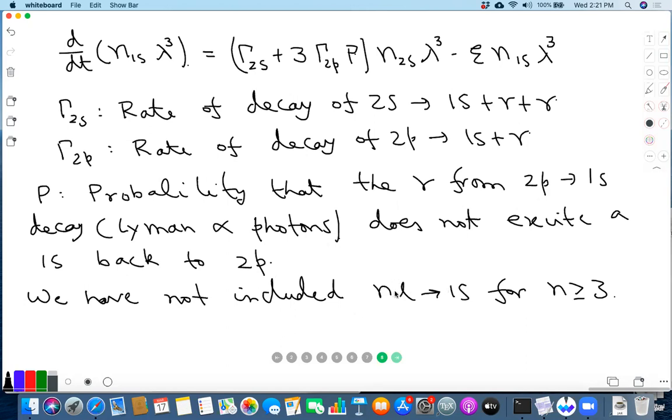So it may not be able to excite it back to nL, but it will certainly excite it back to 2p. It cannot lose energy that fast so that its energy goes below the Lyman alpha. So because of this, the nL to 1s doesn't help, because those photons will be absorbed by 1s to get back to an excited atom. So this is the reason we have not included them. Is this clear?